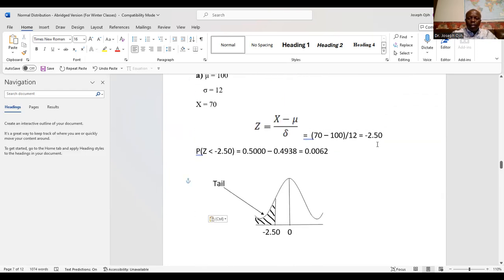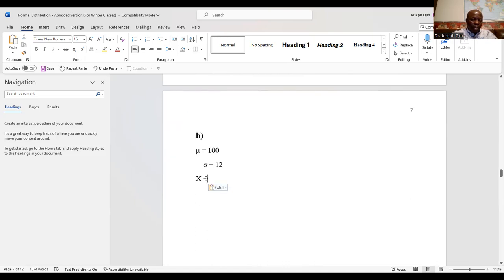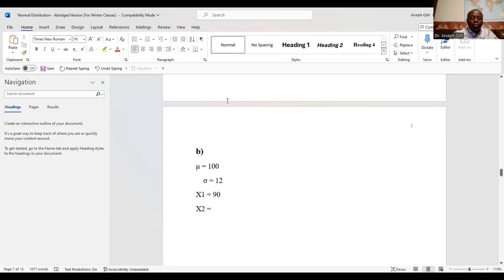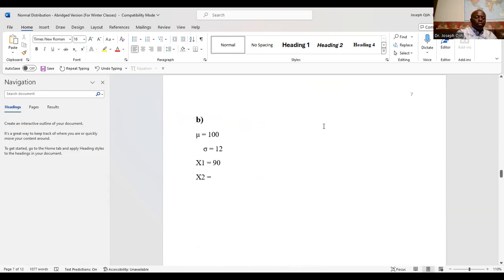Now, again, we have two x's. We have 90 and 120. So we're going to have x1 equals 90, and x2 equals 120. Now we can get our transformation.